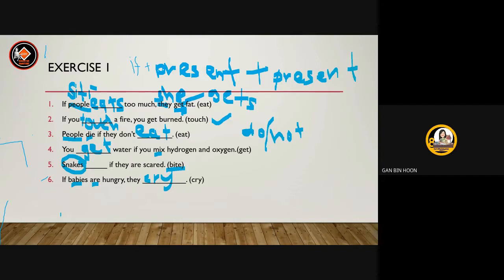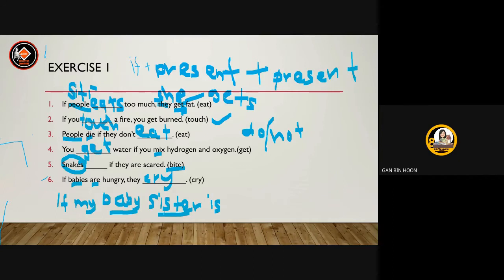Okay. But if you write, if my baby, maybe you have a baby sister. So if my baby sister, if you write baby sister, it means one person. So it will be is.